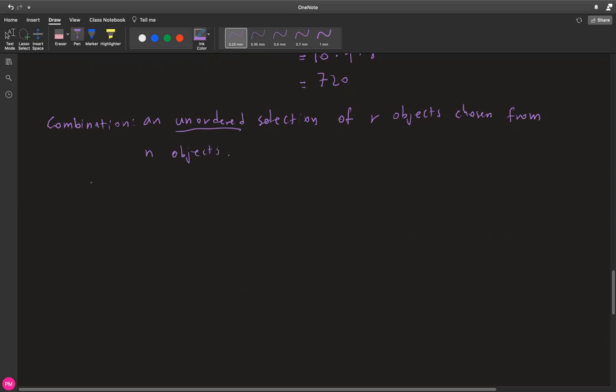And the notation is NCR. This basically denotes the number of choices of R combinations out of N objects. Simply, this is the same as NPR divided by R factorial, and that is N factorial divided by R factorial multiplied by N minus R factorial.